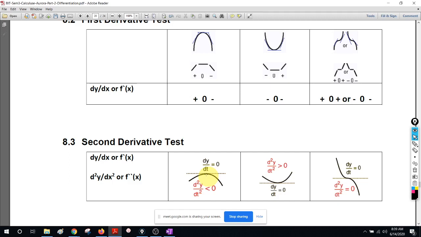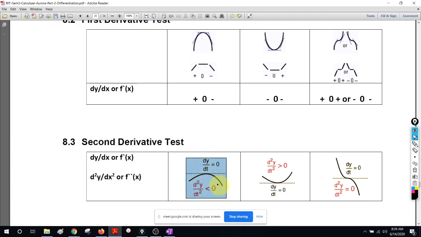If at that point the first derivative is 0 and the second derivative is negative, we say that at that point it's a maximum, right? Just look at that point, whereas here you have to look a little bit earlier and a little bit after, which is too much work.